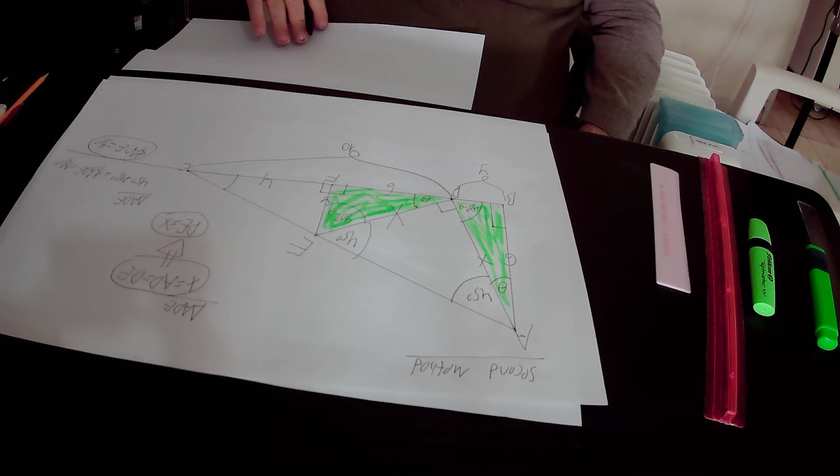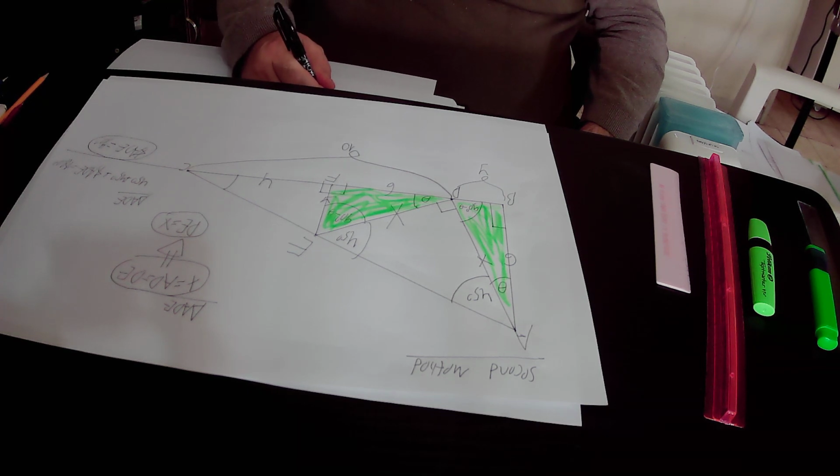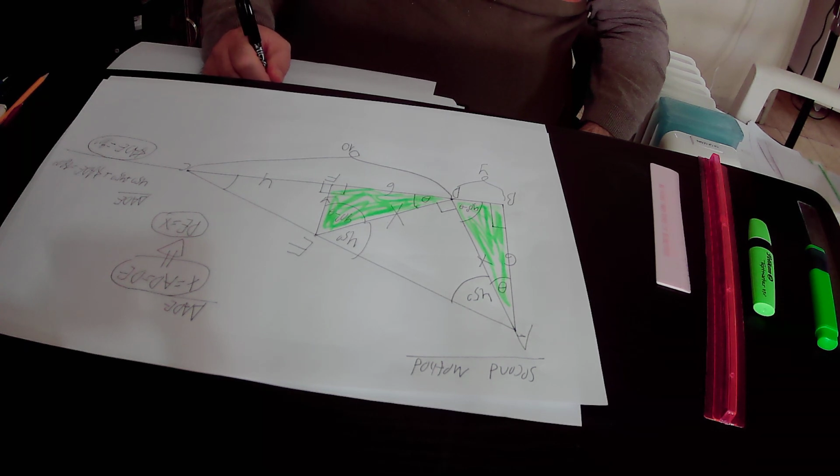So we can write down that angle ACB in triangle ABC is equal to angle ECF in triangle EFC, because it is a common angle, it belongs to both triangles.